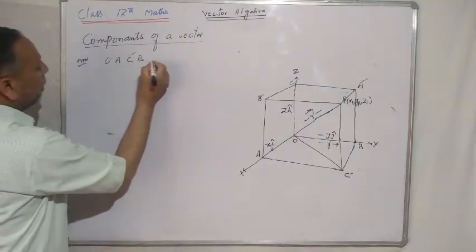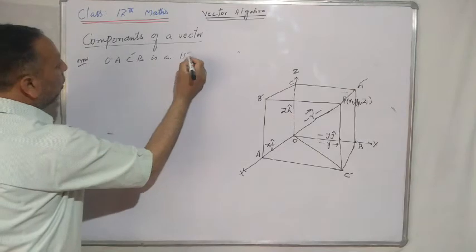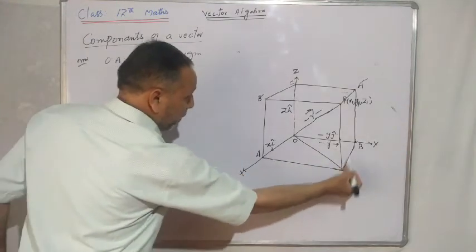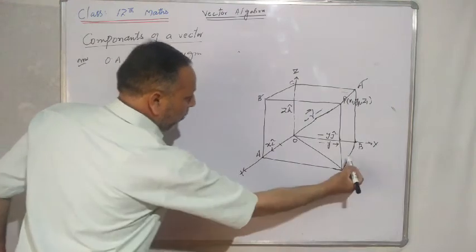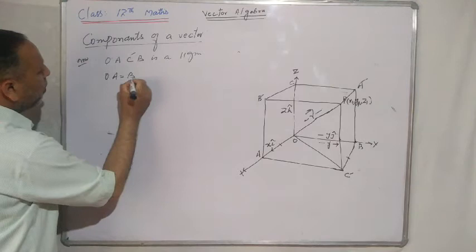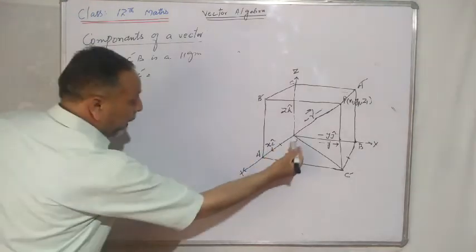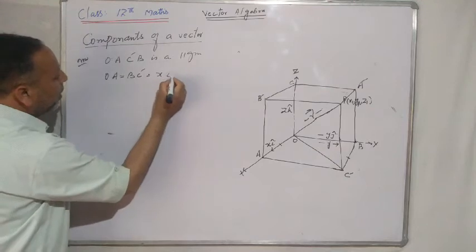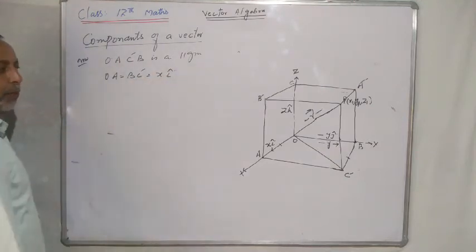Therefore, this OA will be equal to BC dash. Now OA is xi cap. That means OA is equal to BC dash is equal to xi cap.